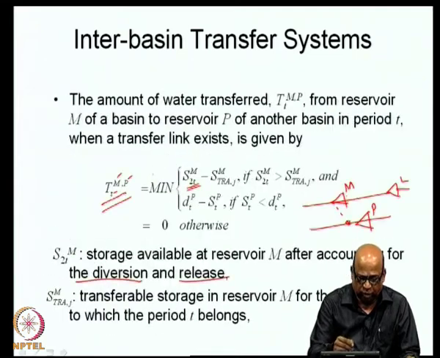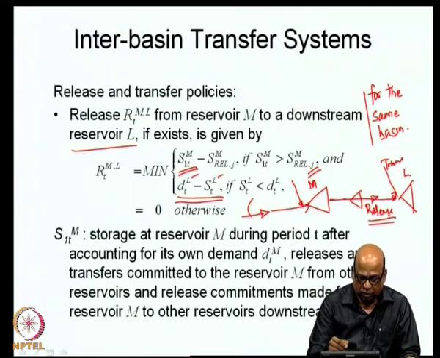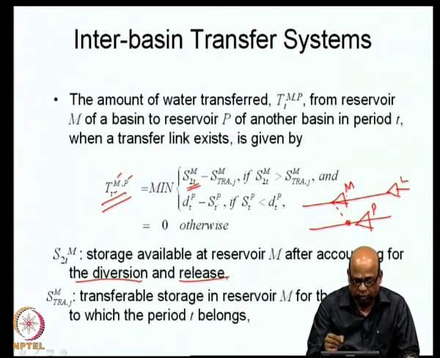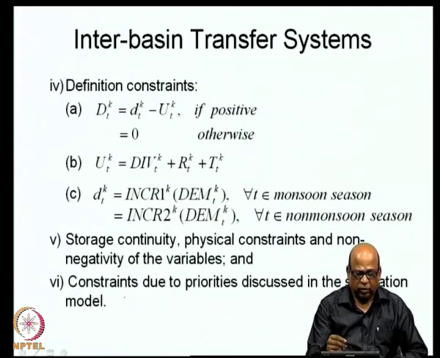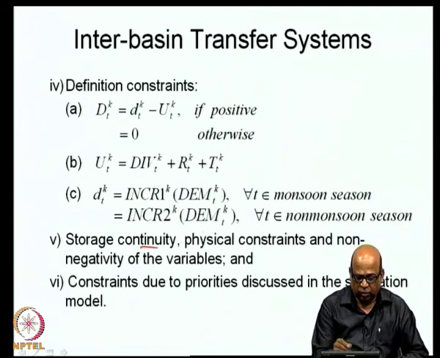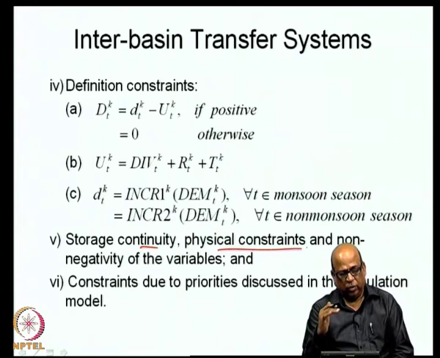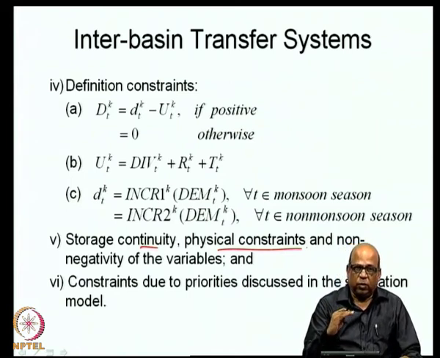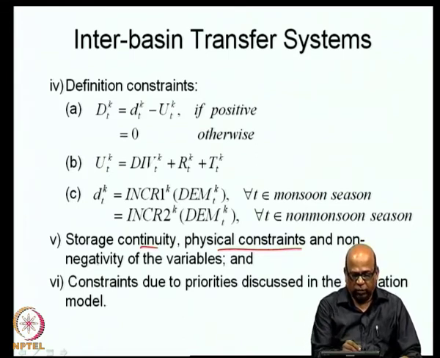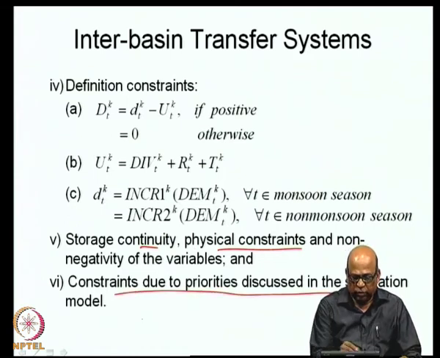Release policy is the same as what we put there. This is a release policy, and similarly the transfer policy. So, these become constraints. So, release policy is one set of constraints, the transfer policy is another set of constraints, and then you have the storage continuity equation, physical constraints, for example, the canal capacities, the hydropower installed capacity, the storage being limited to the minimum storage and the maximum storage, etc. All the physical constraints you will have, and then non-negativity of variables, and also then we may have constraints due to priorities.